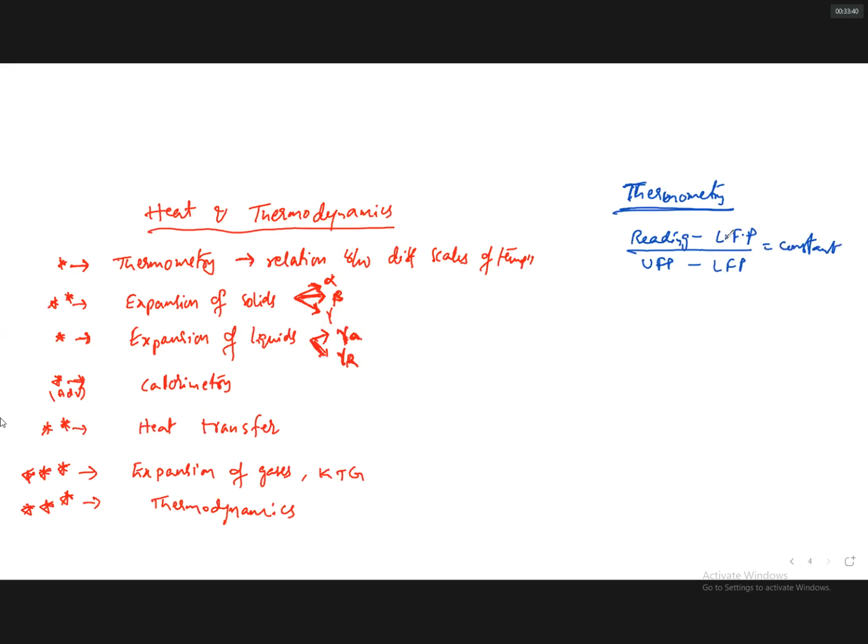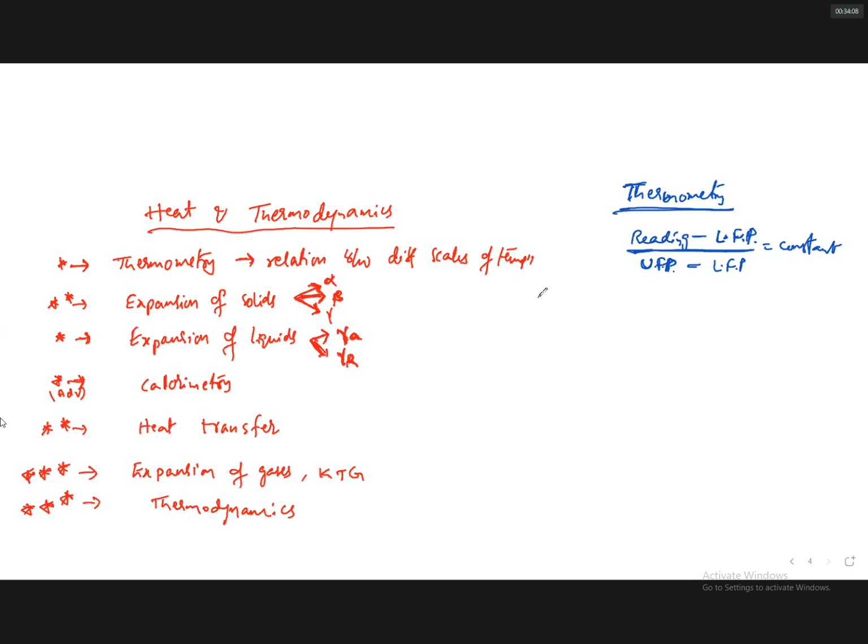To calibrate and construct a thermometer, we need to define two fixed points, known as the LFP and UFP, lower fixed point and upper fixed point. Generally the upper fixed point is taken as the boiling point of the thermometric substance, and the LFP as its melting point.